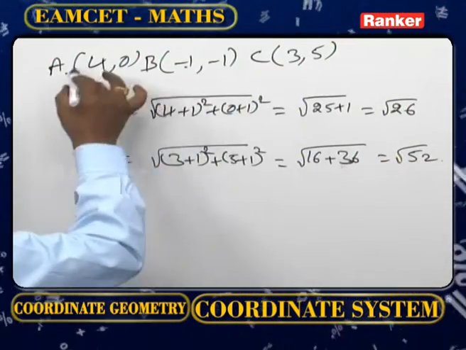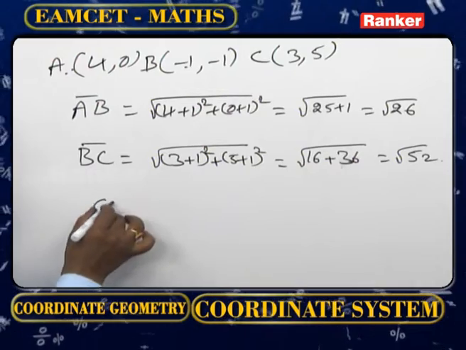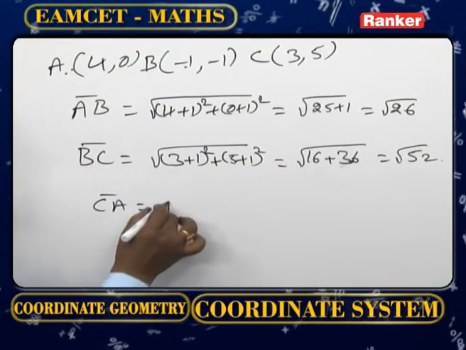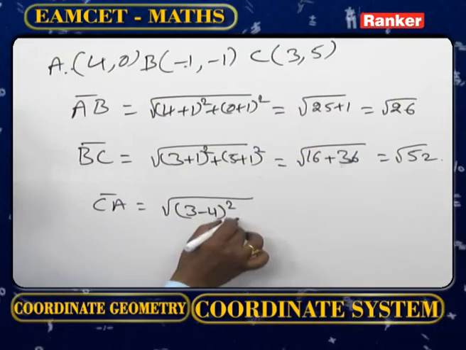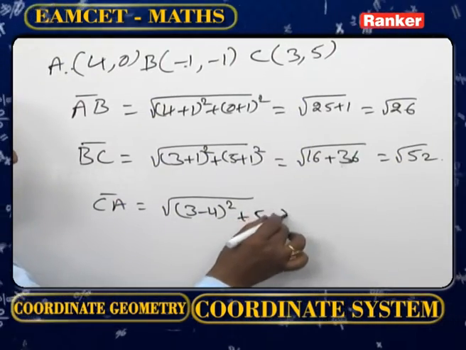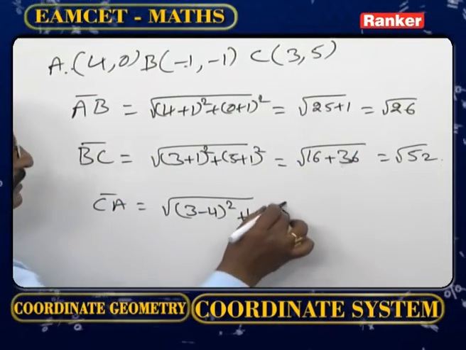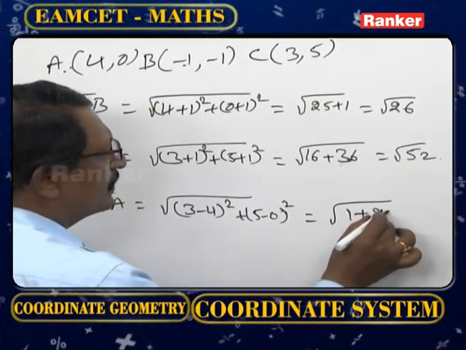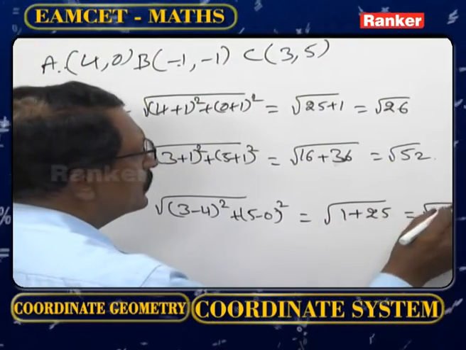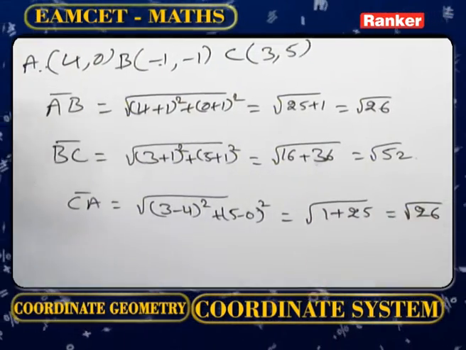Next, the distance between A and C, CA equals square root of 3 minus 4 whole square plus 5 minus 0 whole square, that equals square root of 1 plus 25, that equals root 26.